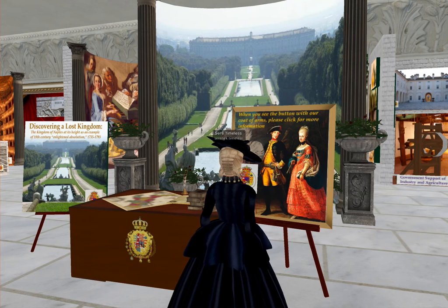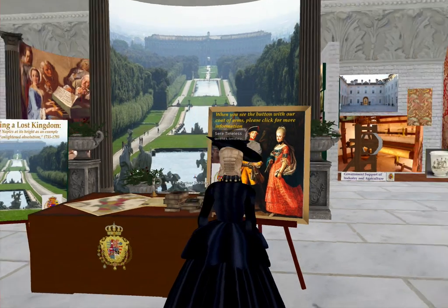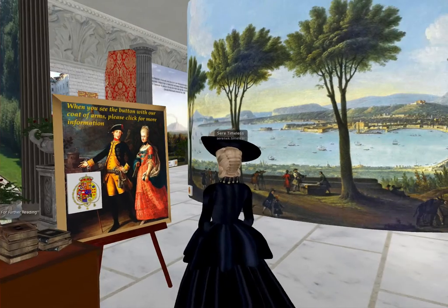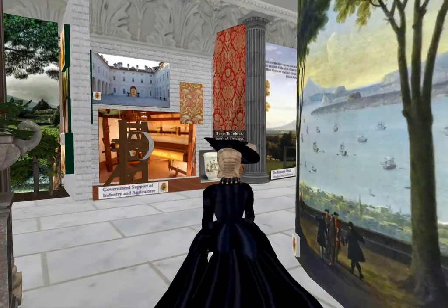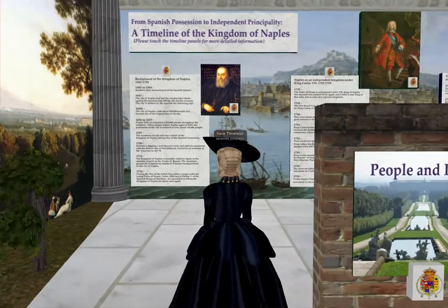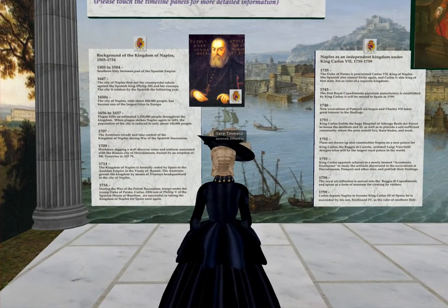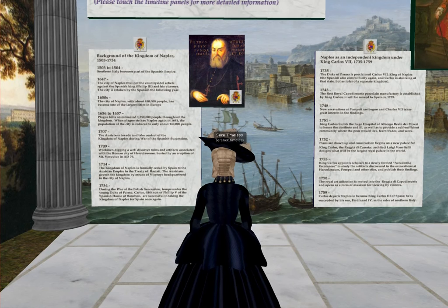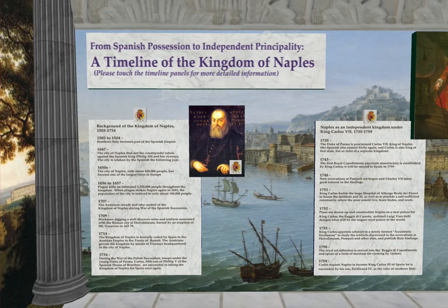We can start over by taking a look at the history and the commercial ventures of the Kingdom of Naples in the late 18th century. Our exhibit creators have created a timeline that gives you an idea of how the Kingdom of Naples developed from the Renaissance up until the late 18th century.